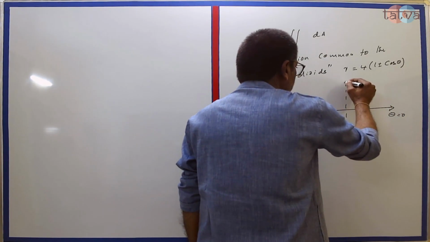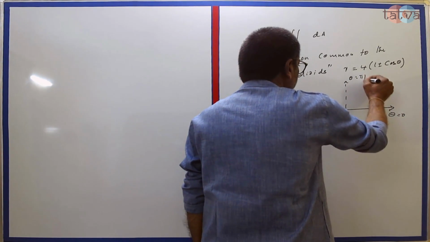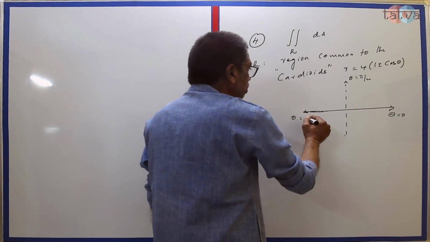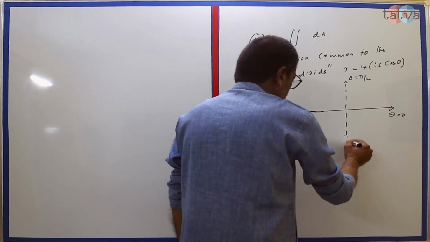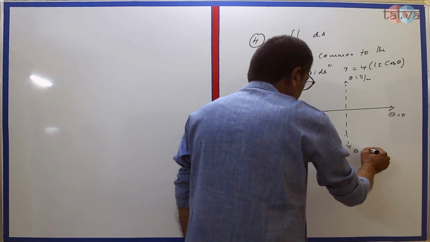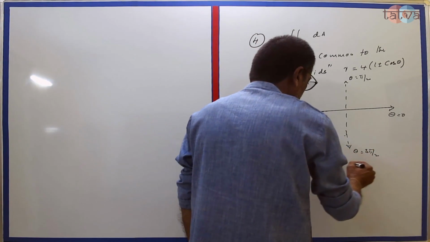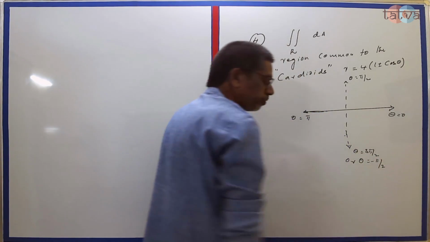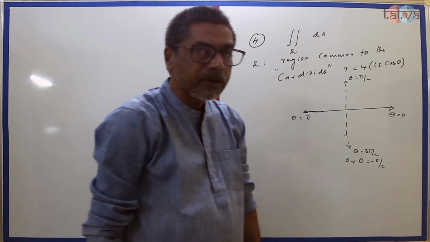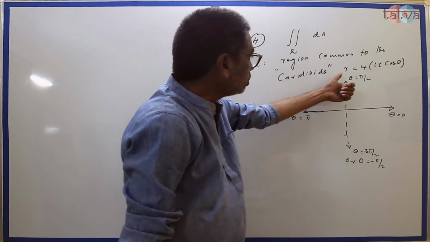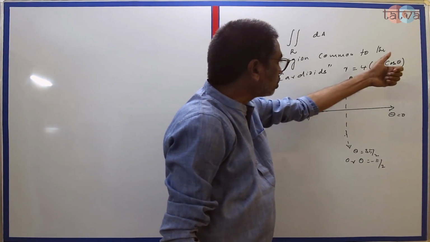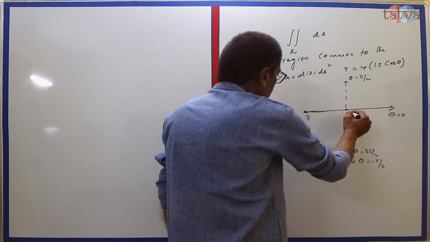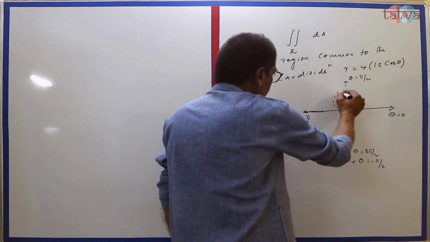Theta is equal to 0, theta is equal to pi by 2, then this is theta is pi, and this is theta is 3 pi by 2, or that is minus pi. Now, how does r is equal to 4 times 1 plus cos theta look like? This is how it looks like.